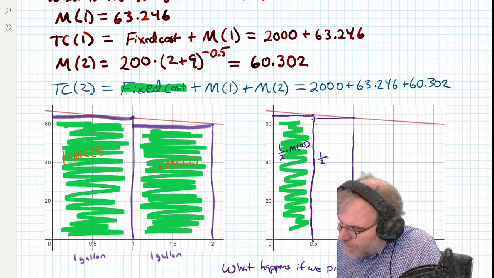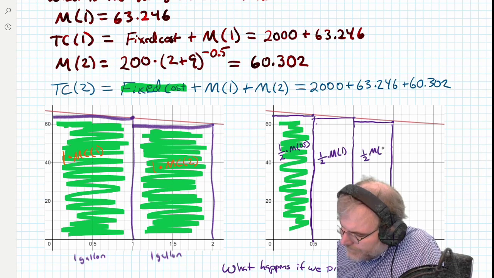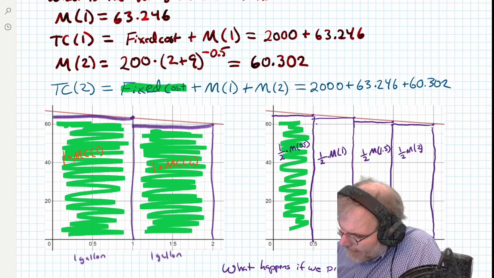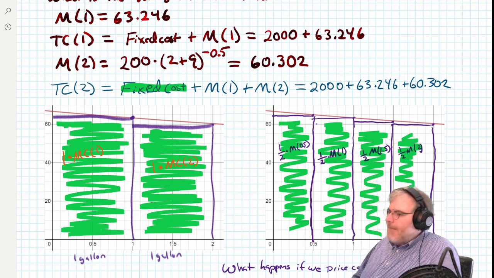So the cost of producing the second half gallon of gasoline, the cost of producing the third half gallon of gasoline, and the cost of producing the fourth half gallon of gasoline. Okay?